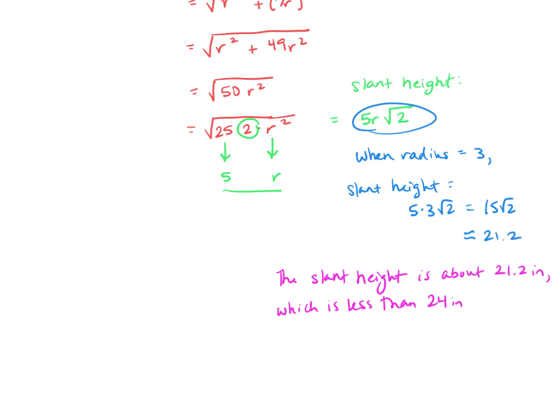Remember, they said that the slant height had to be less than 24 inches to fit on the wall. So because our slant height of a cone that has a radius of 3 is less than 24 inches, the light fixture fits on the wall.